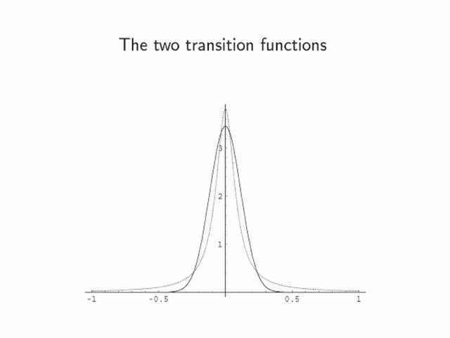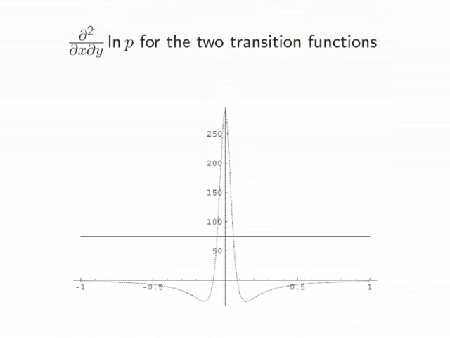This is p. Now, of course, it's easy to calculate log of p, and then the partial derivative of log of p with respect to x and y, varying those two variables, and then you should see what you get. Now, the second cross partial derivative d2 dx dy of log of p, for a Brownian motion, that's a straight line. Why? Well, because what's log of p for a normal?